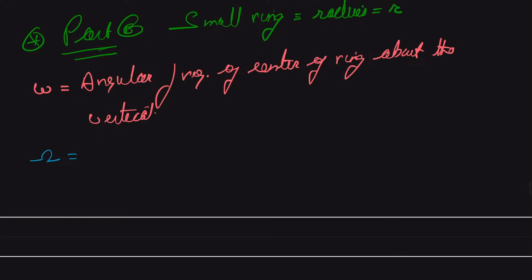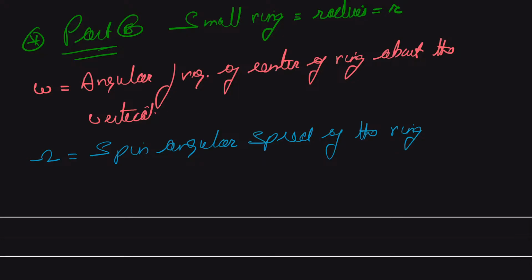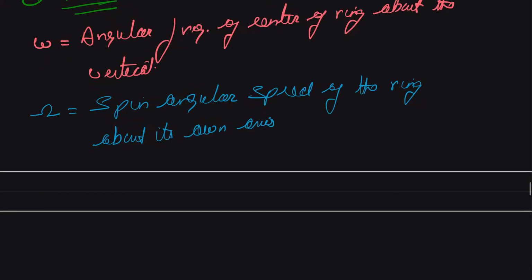So we call this the spin angular speed of the ring about its own axis, and sometimes this axis of the ring we can also call a generator.